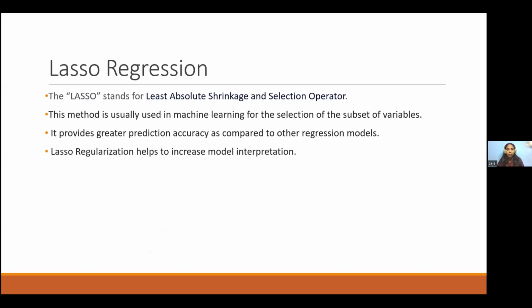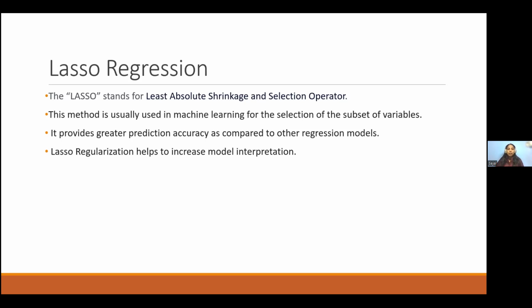Lasso stands for least absolute shrinkage and selection operator. This method is usually used in machine learning for the selection of a subset of variables. It provides greater prediction accuracy compared to other regression models. Lasso regression helps to increase model interpretation.